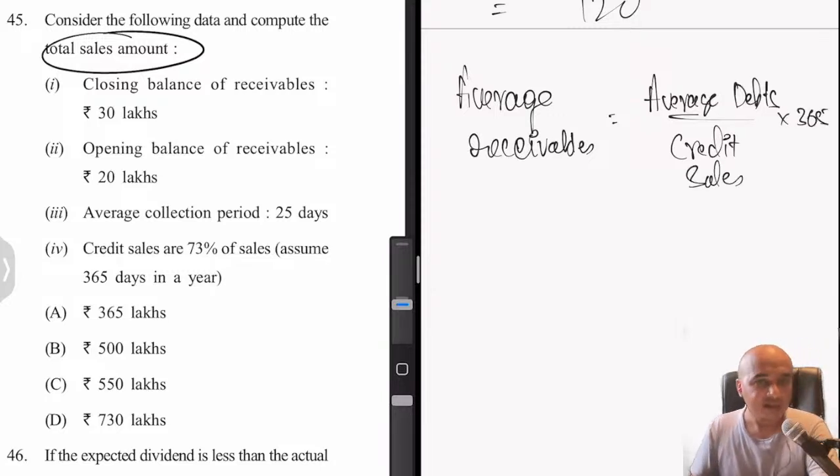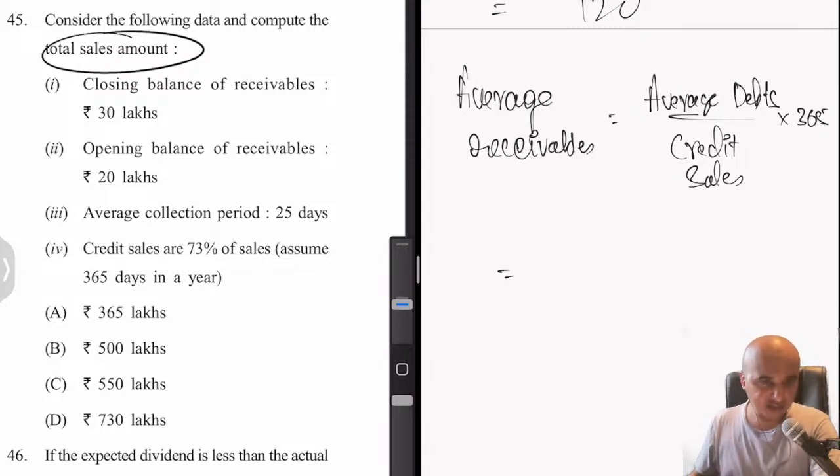In this case the number of days is 365. They have mentioned it specifically, so we will consider 365. If nothing has been mentioned in the question, which is rare, we generally consider 360 days, but in this case they have specifically mentioned it, so we are considering 365 days. I hope it makes sense.